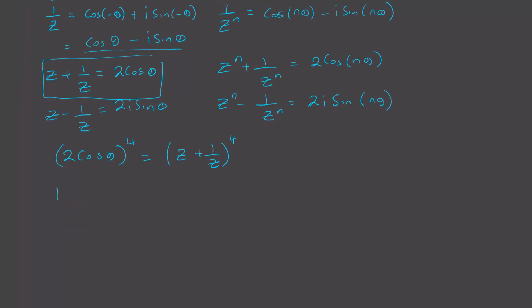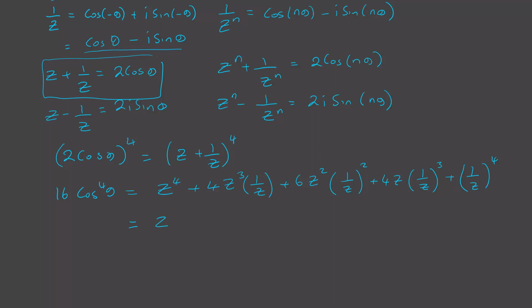So that's 16 cos to the 4 theta is equal to z to the 4 plus 4 z cubed times 1 over z plus 6 z squared times 1 over z squared plus 4z times 1 over z cubed plus 1 over z to the power 4.